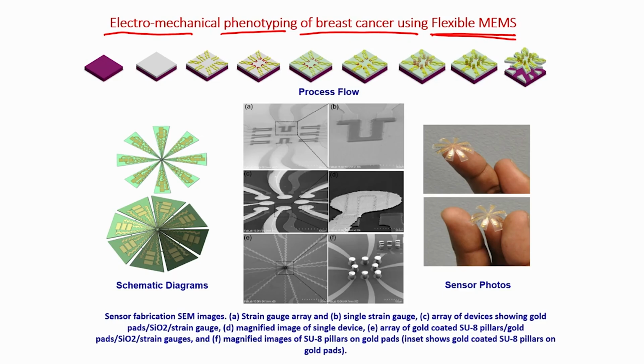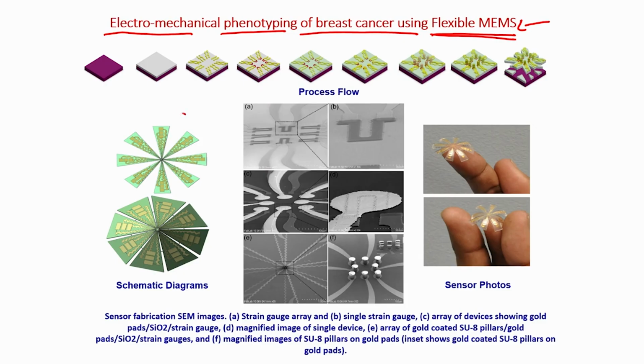So, what should be the role of this sensor? This sensor should be able to delineate cancer and normal with the help of electrical sensing and with the help of mechanical sensing. How can we do that? How can we design such a sensor?